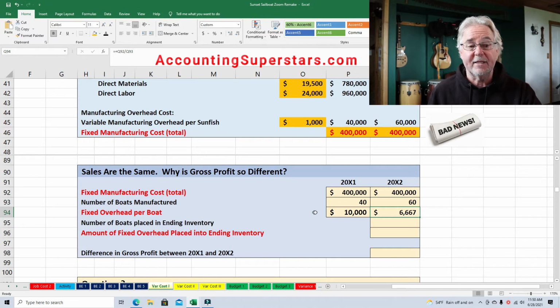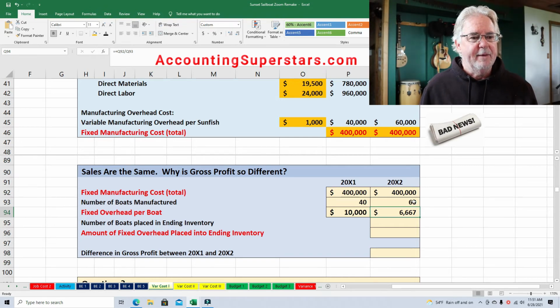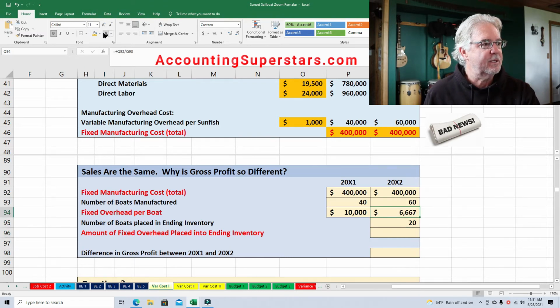So what we're doing is taking this fixed overhead and spreading it over more boats, which is a good thing. They're using their factory more efficiently. That's a good thing, but it's messing up the accounting system. It's making us look better than what we're really doing. Number of boats placed in ending inventory: 20. The amount of fixed overhead placed in ending inventory: if each boat is 6,667 and we put 20 boats into ending inventory, here's the amount of fixed costs that got placed into ending inventory.